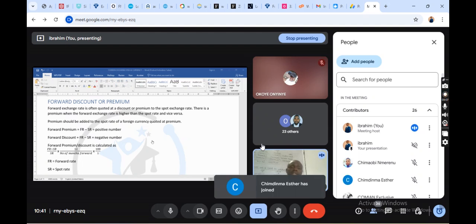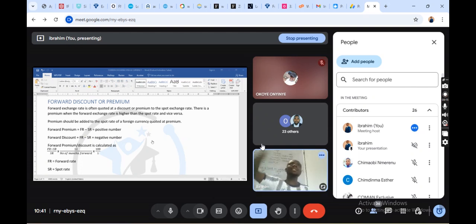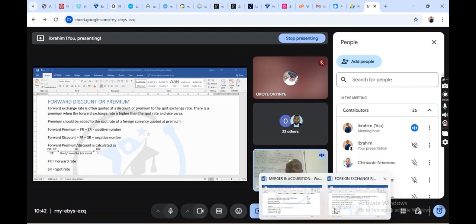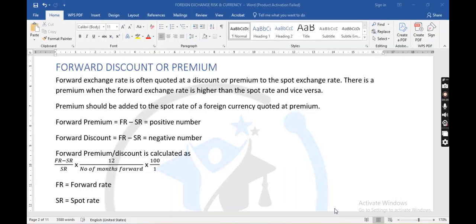Let's say the exchange rate today is 1,400, then the forward exchange rate is 1,200. You could say the forward rate is at a discount, right? And that is it.